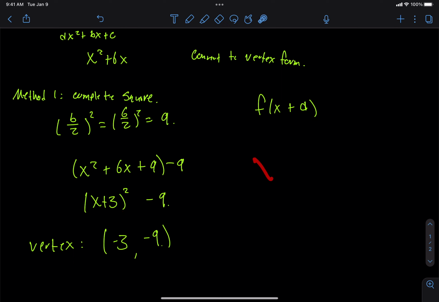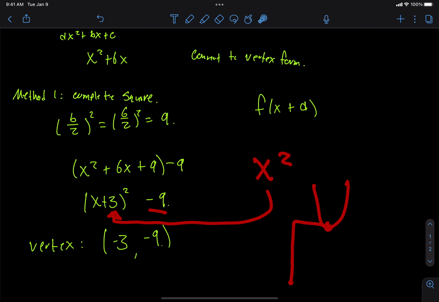Because this is a transformation of x squared, you transform it into this. You take the function x squared, you move it 3 to the left and 9 down. If the vertex was at 0, 0, move it 3 to the left and 9 down, then you're at the point -3, -9.